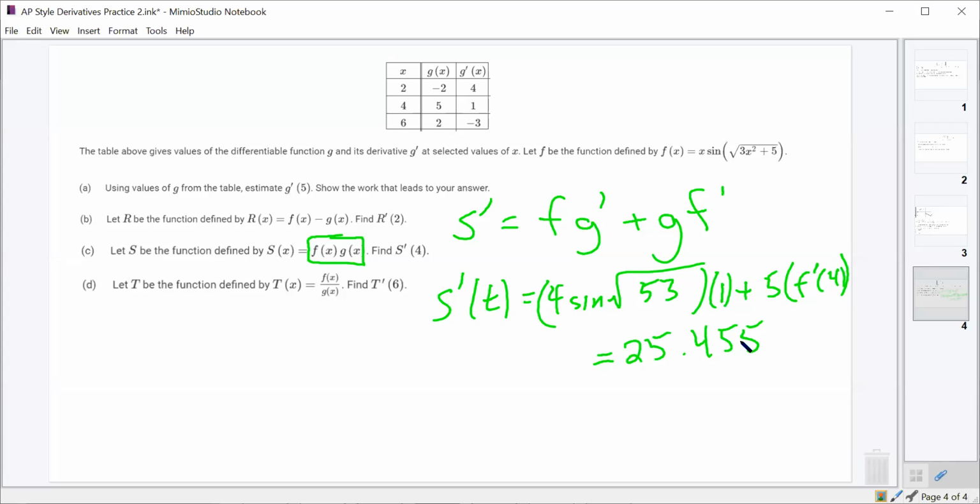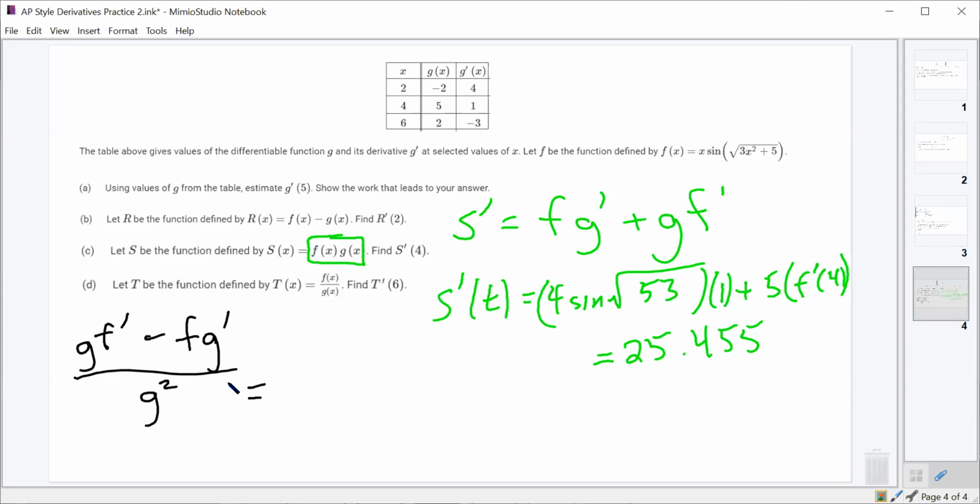Okay, thank you. All right, and then for part D, at 6, well, this is just a quotient rule. So it should be the denominator times the derivative of the numerator minus the numerator times the derivative of the denominator, all over the denominator squared. And we're going to evaluate each of those things at 6.